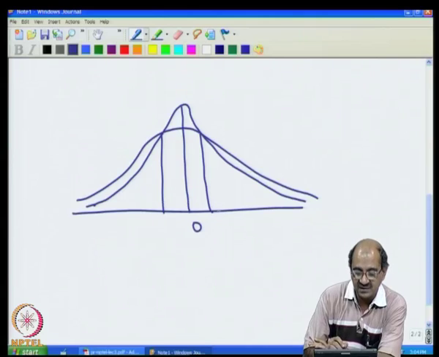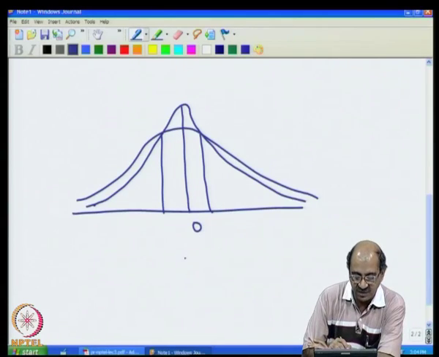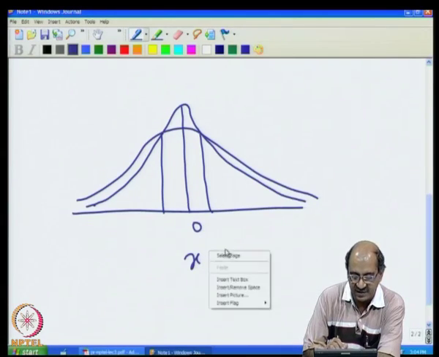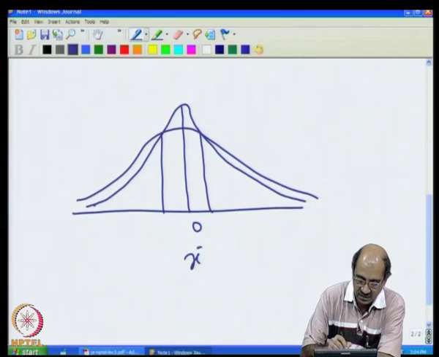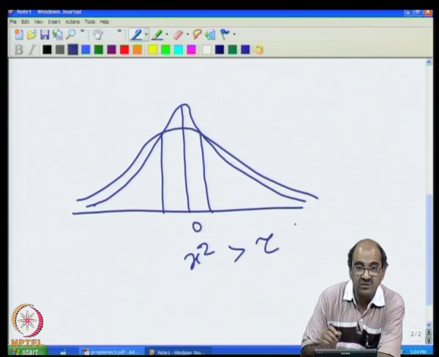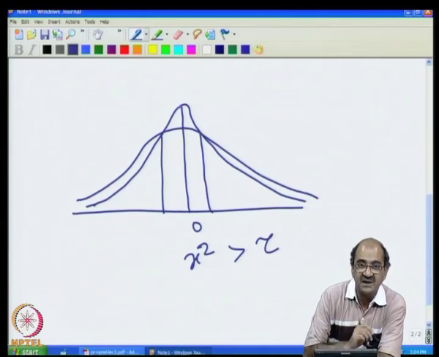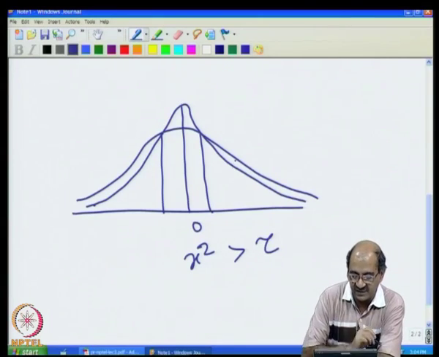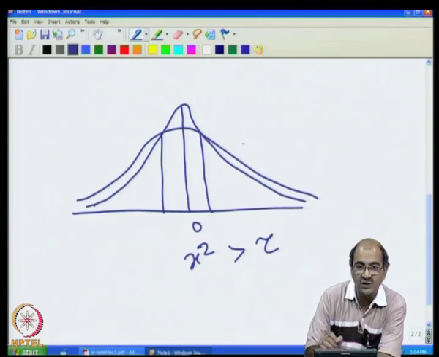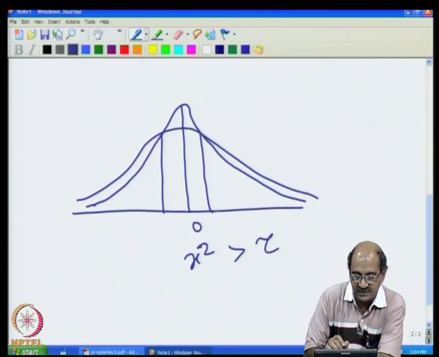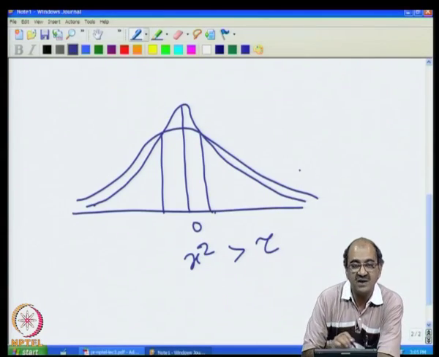So, we would expect that our final classifier should be something like: if x square is greater than some tau, then I should put it in the larger variance class. If x square is less than tau, I should put it in the other class, right. So, x between some minus something to plus something will be in the smaller variance class, and outside of that it will be in the larger variance class.